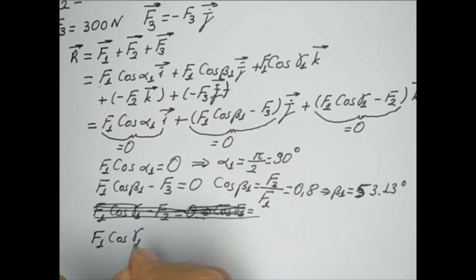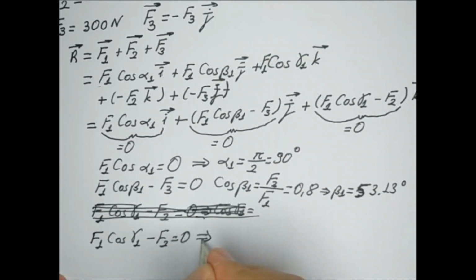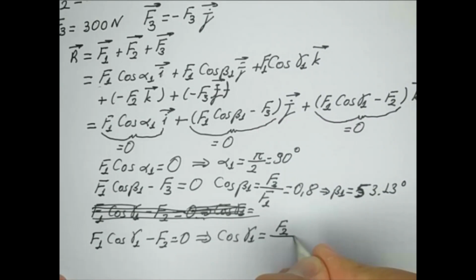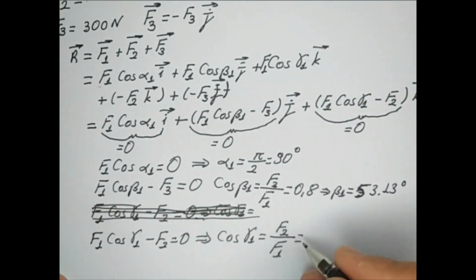So this gives us cosine gamma 1 is equal to F2 divided by F1. So F2 is equal to 200, F1 is equal to 500, which gives me 0.4. From here, gamma 1 can be found as 66.42 degrees.